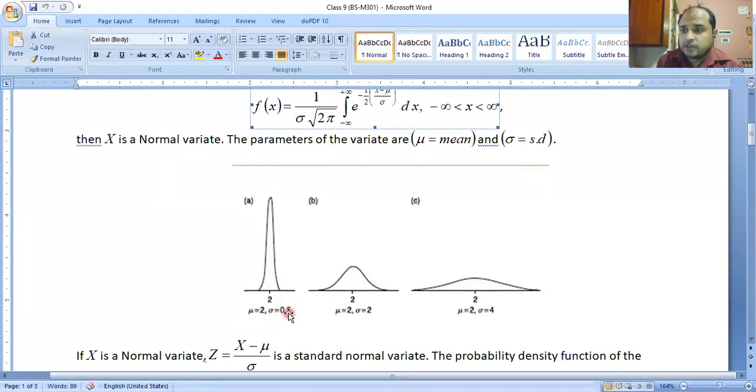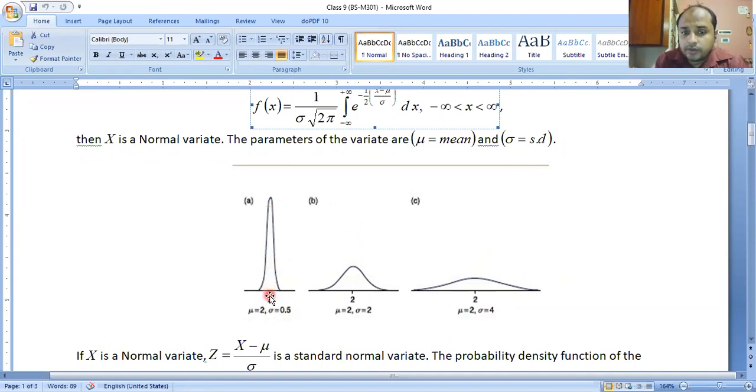Standard deviation measures the variation of the points throughout the distribution about the mean. So if the variation measured is 0.5, the curve will be like this. If the variation measured is 0.2, the curve will be a little bit scattered. If the variation measured is 4, the curve will be more scattered, but it will remain symmetric about 2.